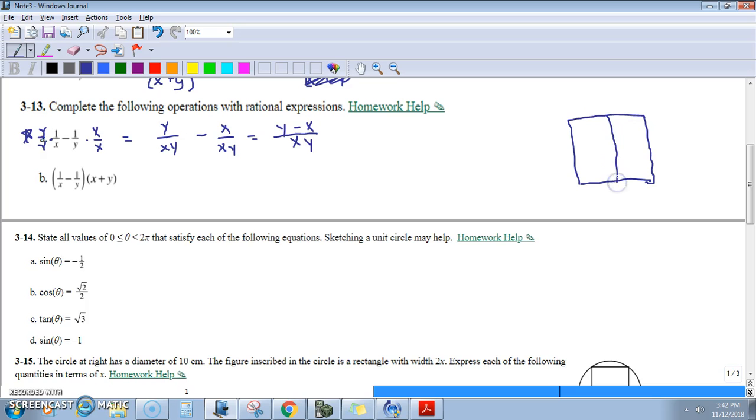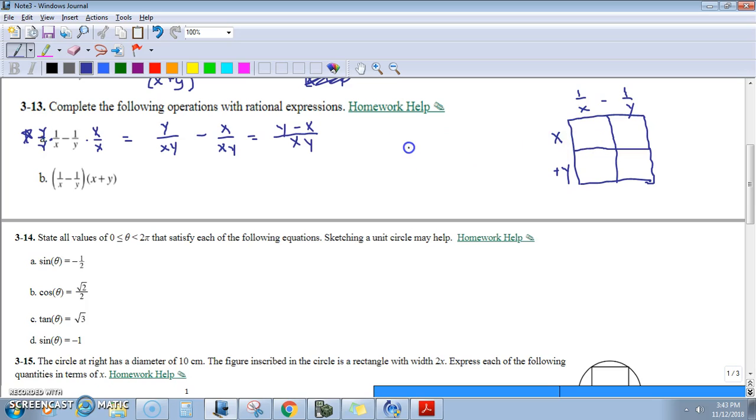Maybe I'll rewind and redo this one if I get in the weeds, but I don't think so. We'll have 1 over x minus 1 over y times x plus y. And multiplying fractions is so much easier. So x times 1 over x is just 1, right?